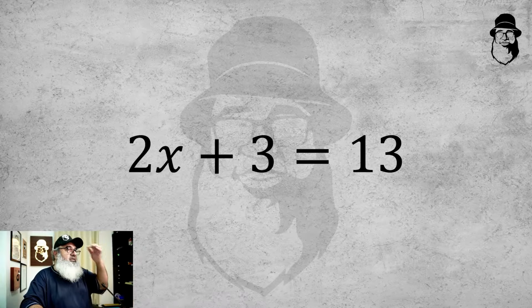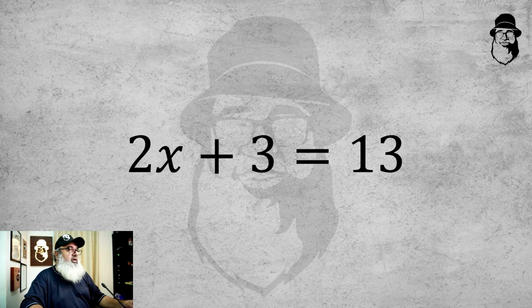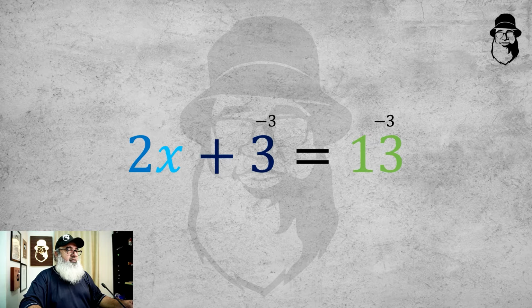So sometimes two or more applications of the rule are needed. To solve 2x + 3 = 13, we see what x is here. A number is doubled and 3 is added and the result is 13. We can first take 3 from both sides of the equation.